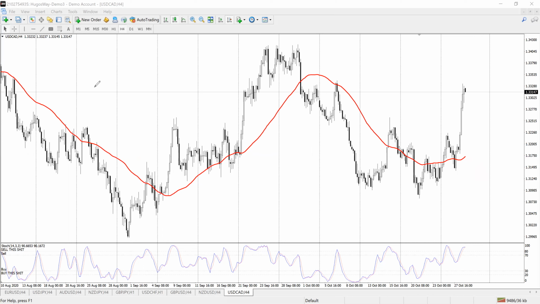So we should only be worried about seeing M's, and part of my drawing, W's, and head and shoulder patterns, and inverted head and shoulder patterns.